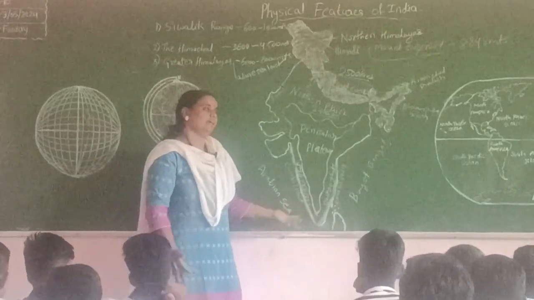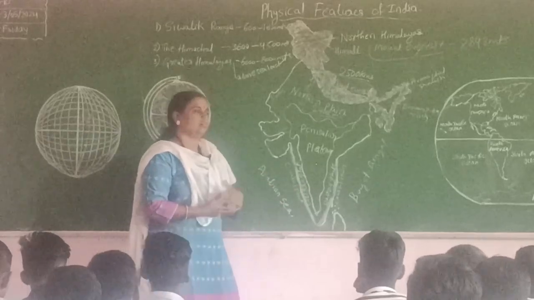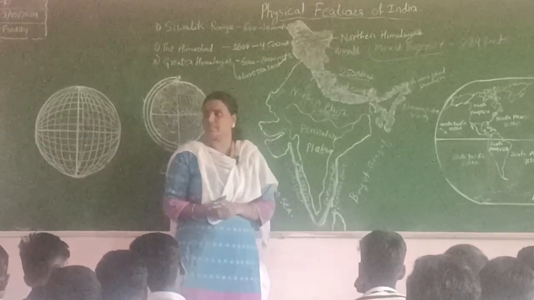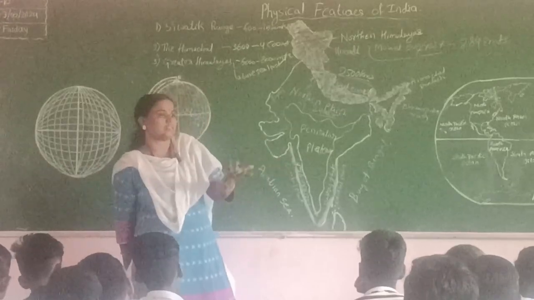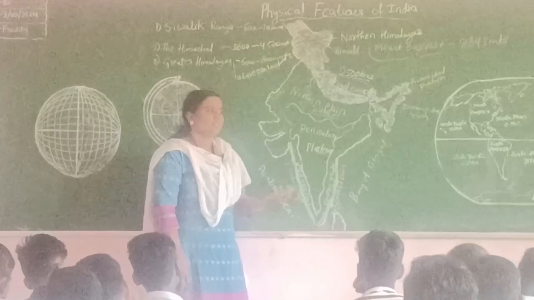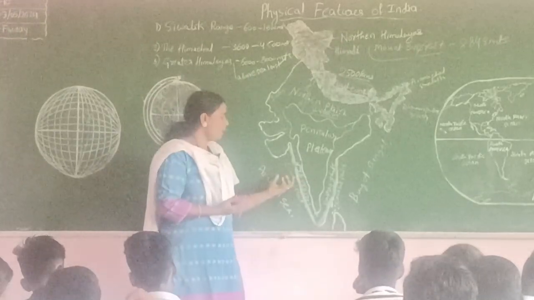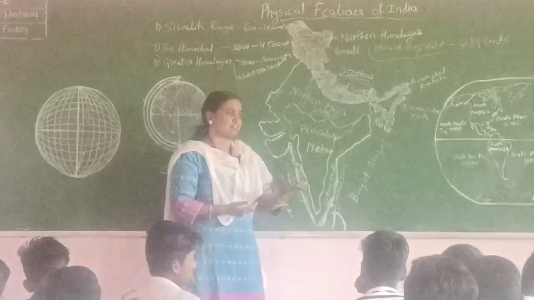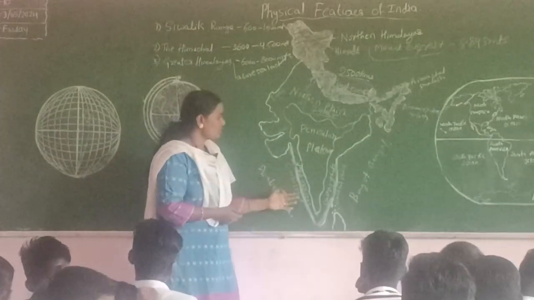Here we can get alluvial soil, and people are growing food crops like rice, coconut, and spices, and their main occupation is fishery. So that is the coastal plain.